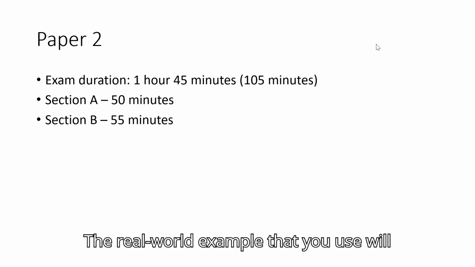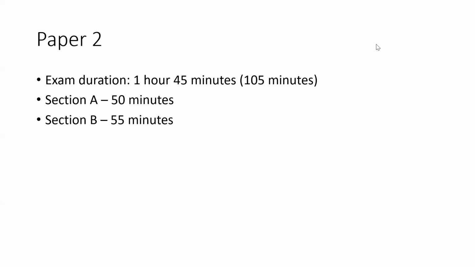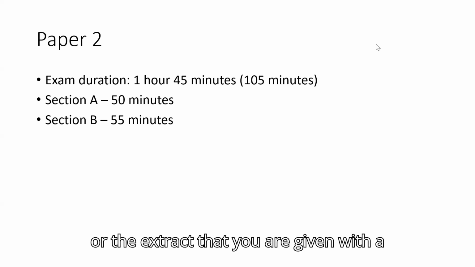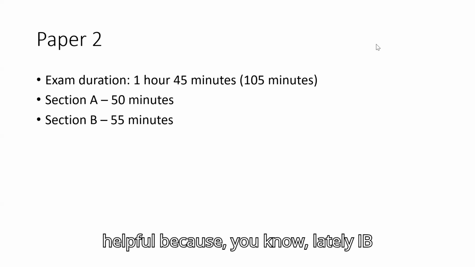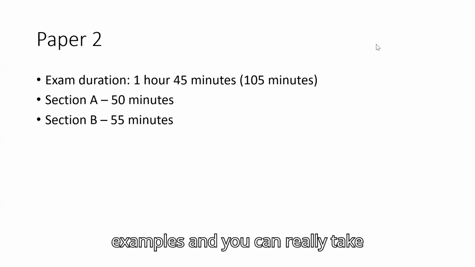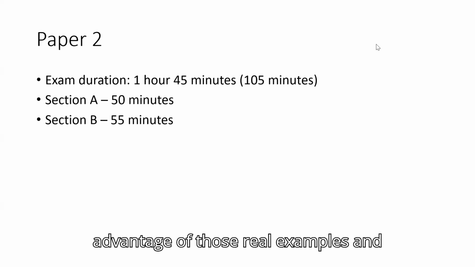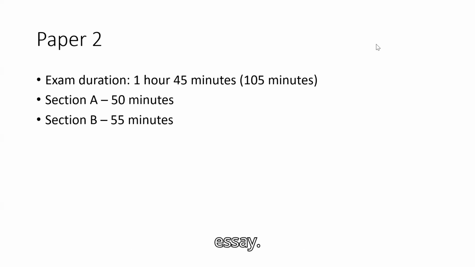The real-world example that you use will usually come from the article or the extract that you are given, and I feel like this is very helpful because lately IB has been focusing on a lot of real examples, and you can really take advantage of those real examples and implement them in your 15-mark essay.